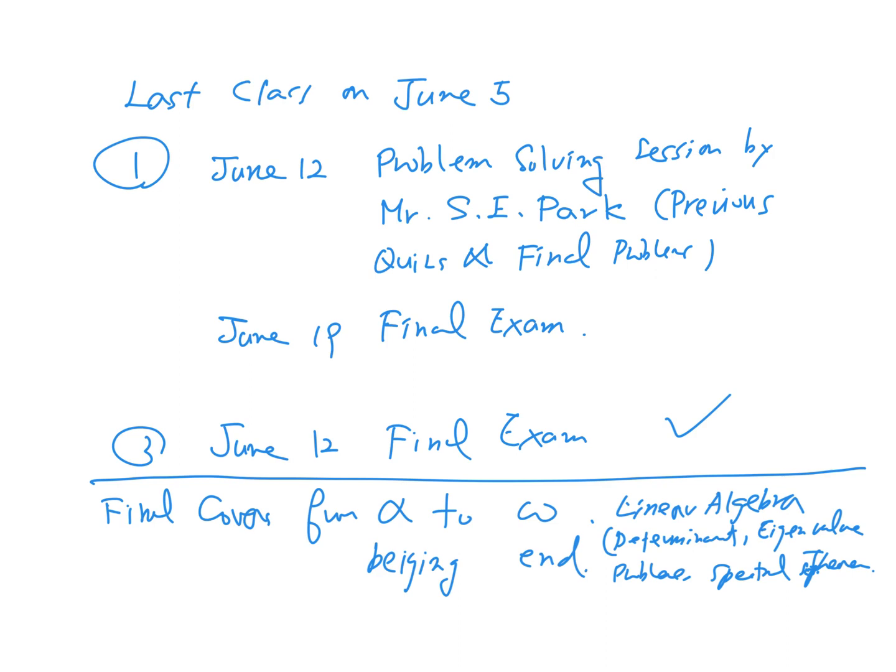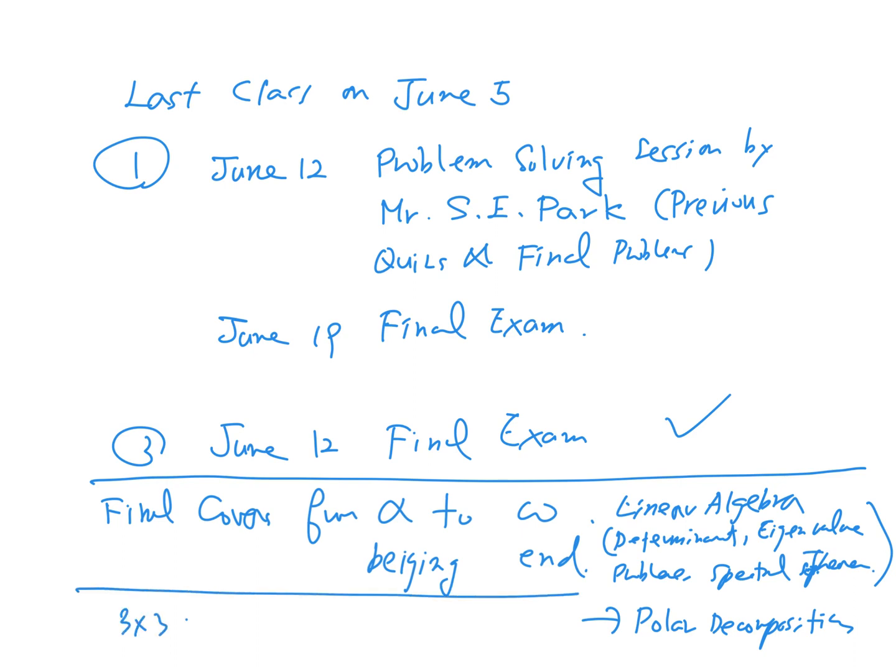Everything can be combined together in a polar decomposition, right? Polar decomposition requires knowledge of determinants, finding eigenvalues and eigenvectors, and also the use of the spectral theorem. And this time there is a possibility of finding the polar decomposition for a 3 by 3. So the possibility exists: a 3 by 3 polar decomposition.